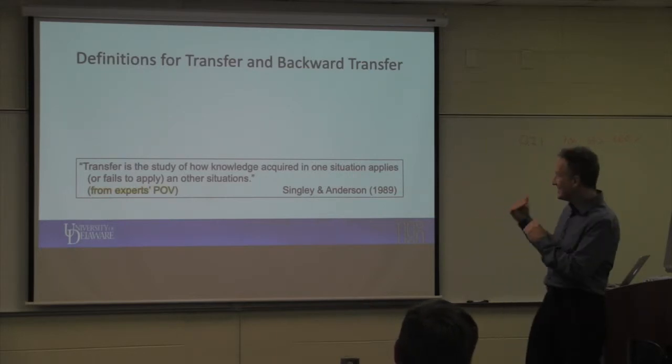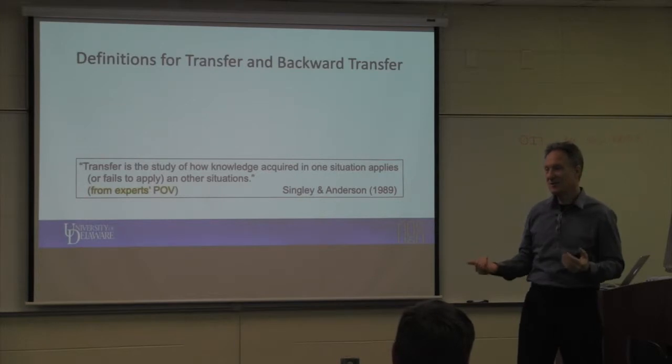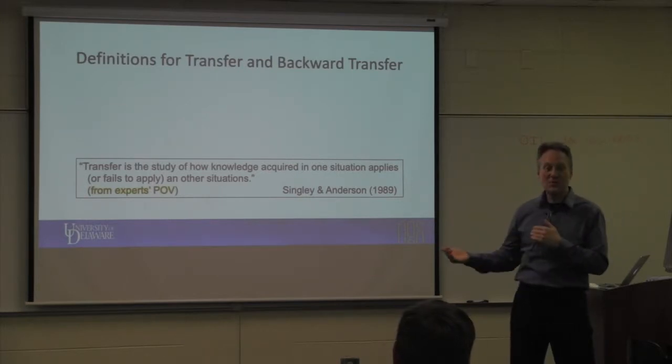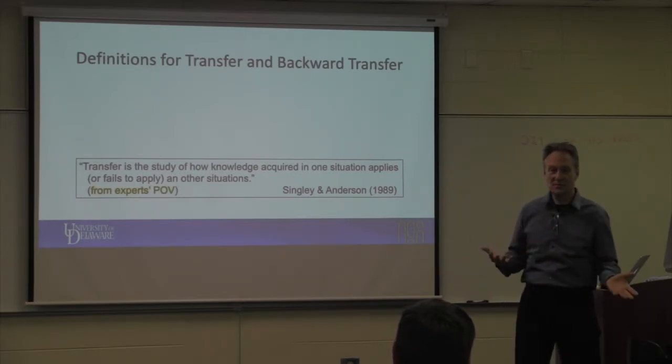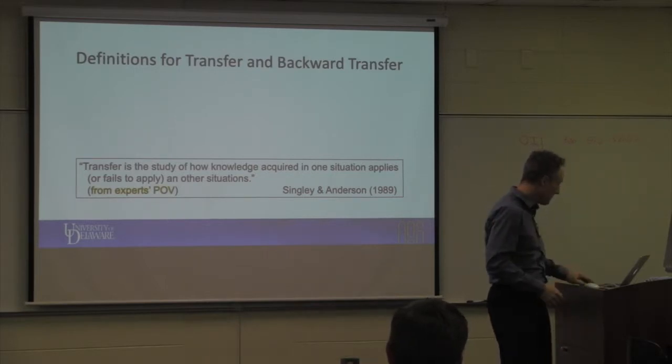The reason people think about this as being from the expert's perspective is that typically you're only given credit for transferring your knowledge if you do it correctly. So the expert decides what's correct or not correct. That's the expert's perspective.